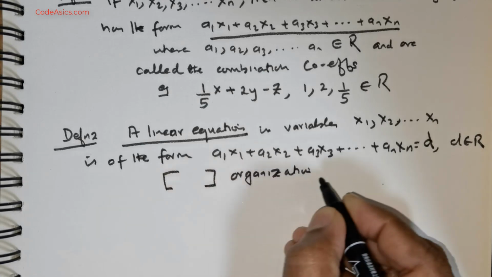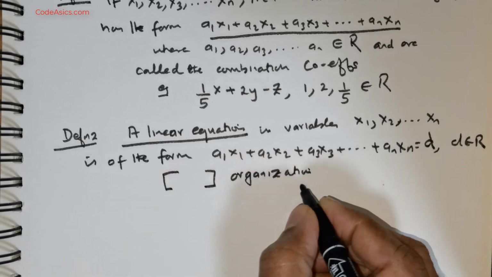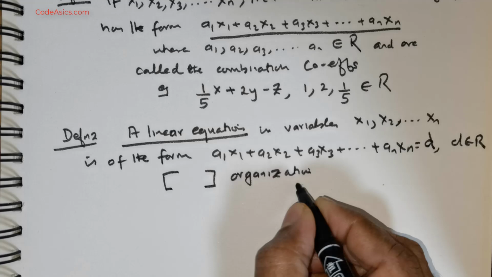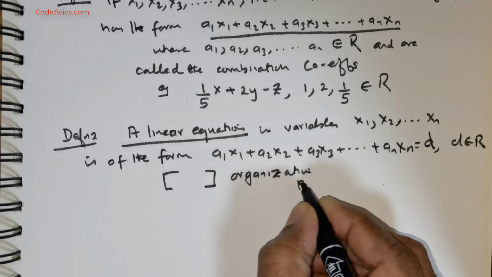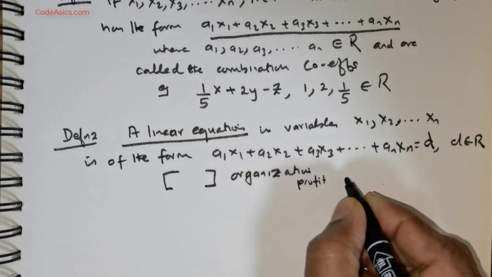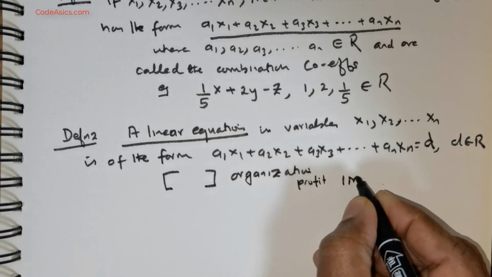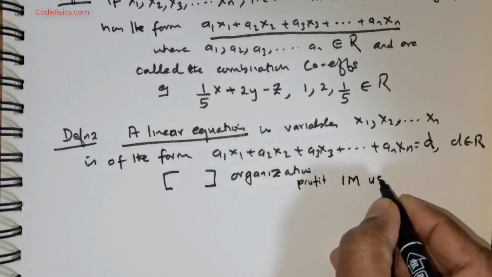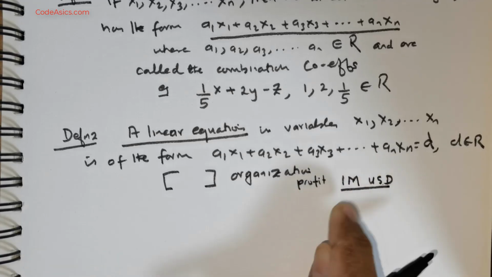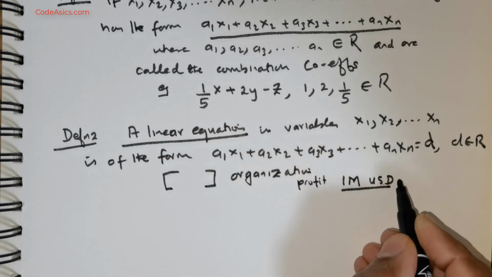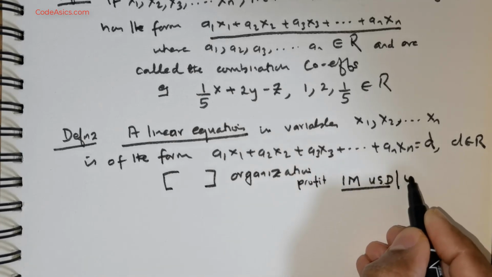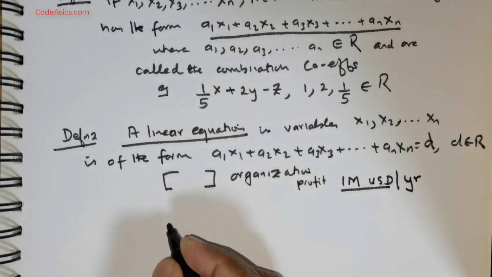This organization wants to hit a profit of, say, 1 million USD. They want to reach this profit of 1 million USD for the current year.